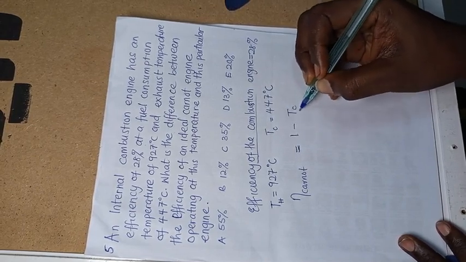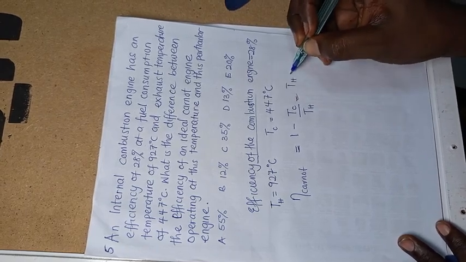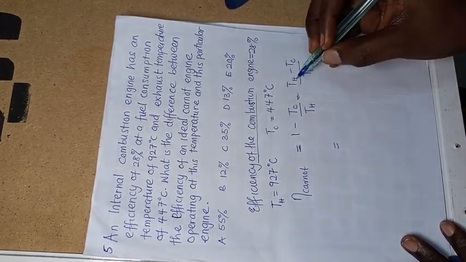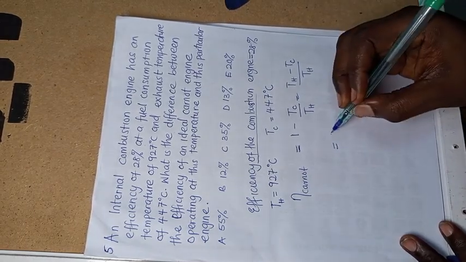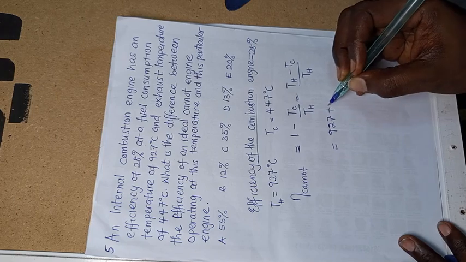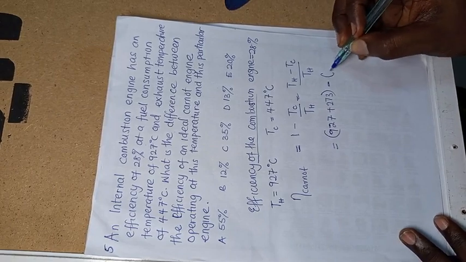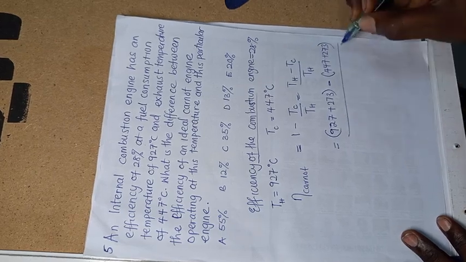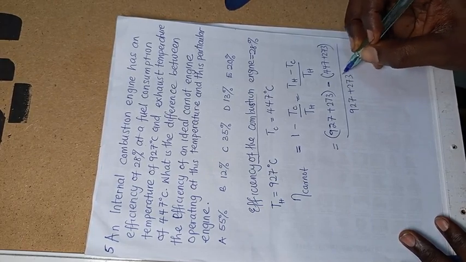1 minus Tc over Th, or we can write it as Th minus Tc over Th. So what do we have now? Th is 927 plus 273 minus 447 plus 273, converted to Kelvin, divided by 927 plus 273.